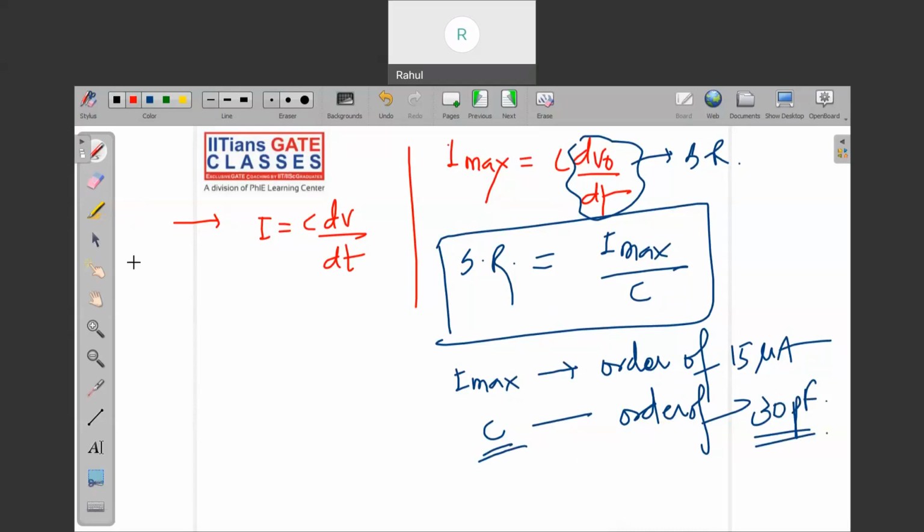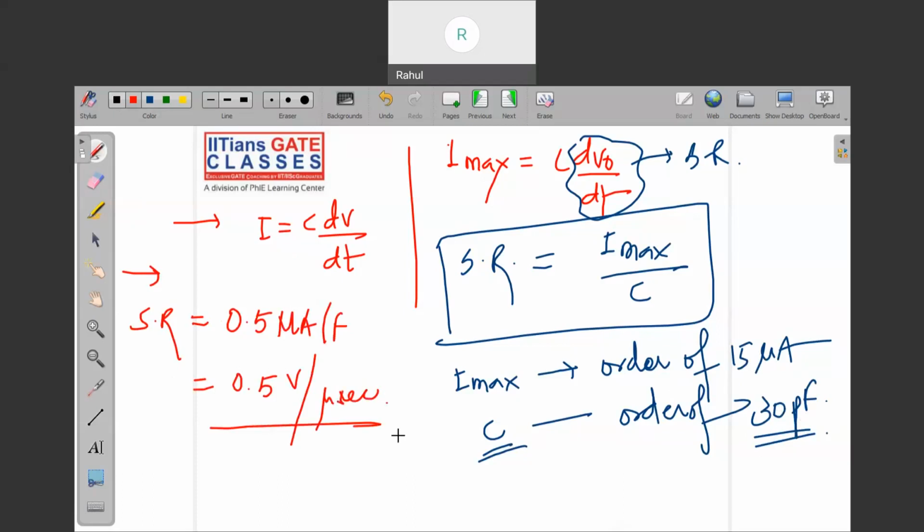Let me make the quick calculation here. The slew rate will be equal to 0.5, micro upon pico, so you get mega ampere upon farad. So this will give you 0.5 V per microsecond. Please keep this in mind.